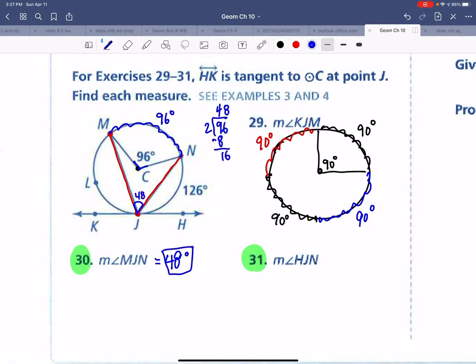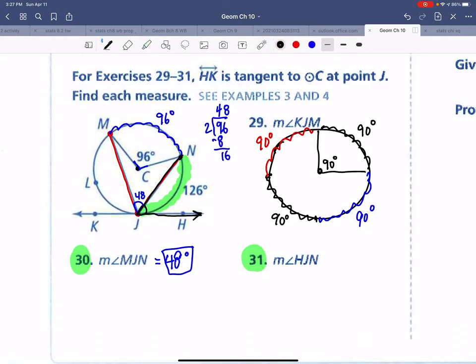Okay. 31 says, what is the measure of HJN? Interesting. Well, that is an angle formed by a tangent line and a chord. So the tip of this cone should be half the snow, its intercepted arc.